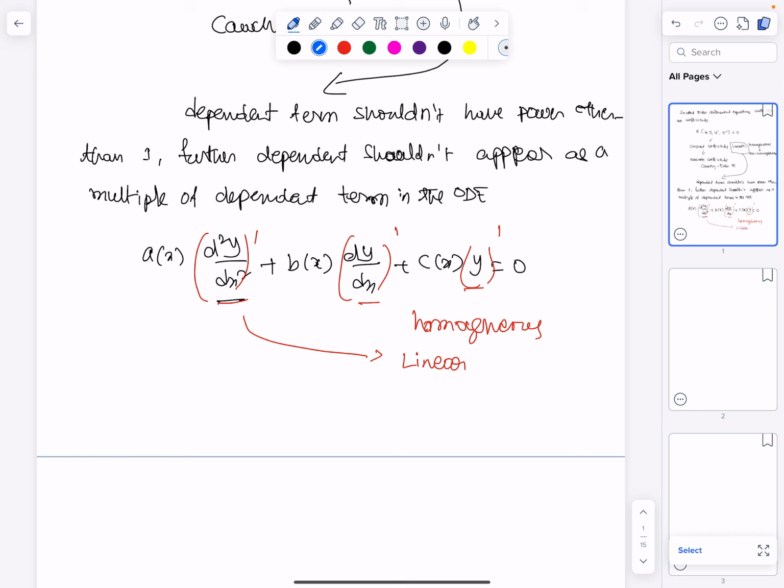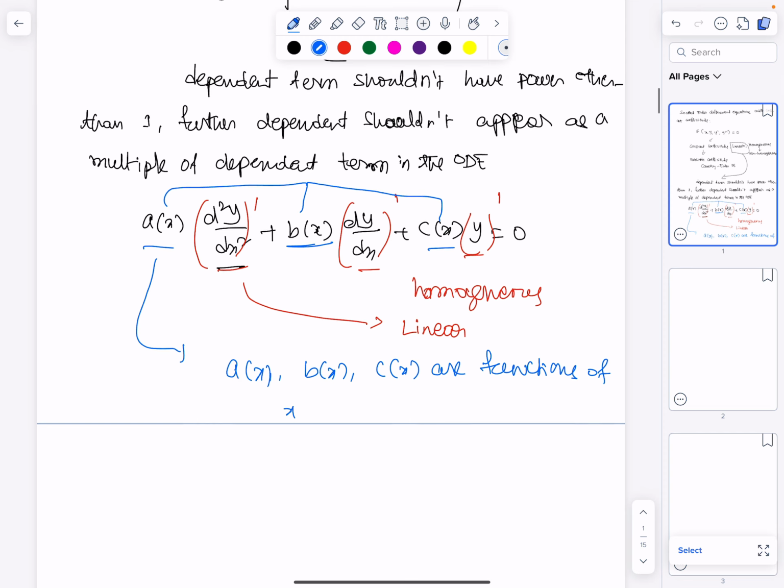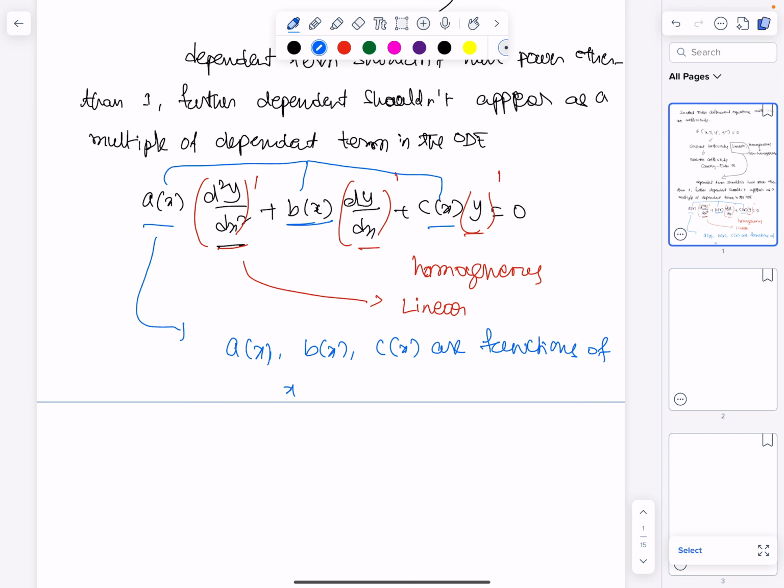And further you look at this a of x, b of x, c of x, these are all functions of x only, and therefore you can say there are two cases actually.